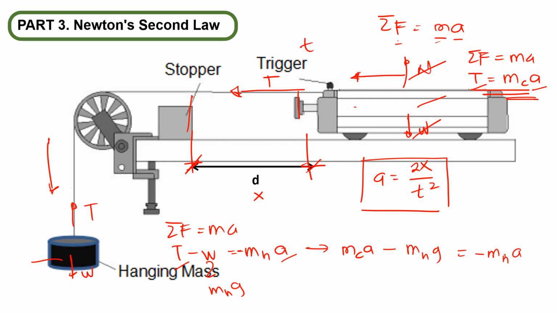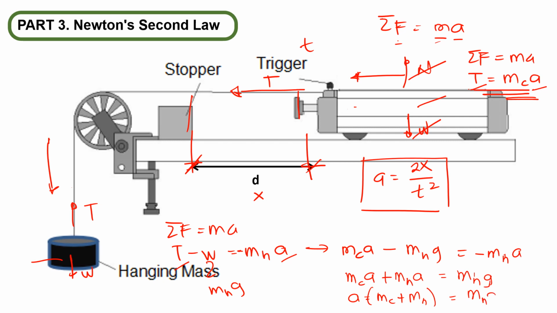Now we just have to put like terms on one side. So that will be mass of the cart times acceleration, plus hanging mass times acceleration, and transpose this other term to the other side: hanging mass multiplied by g. Let's factor this: mc plus mh, equal to mh multiplied by g.